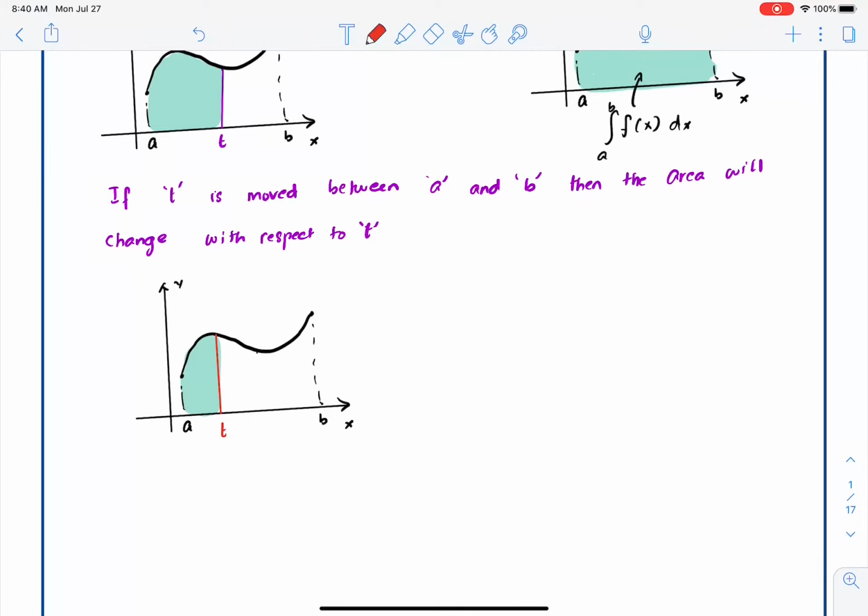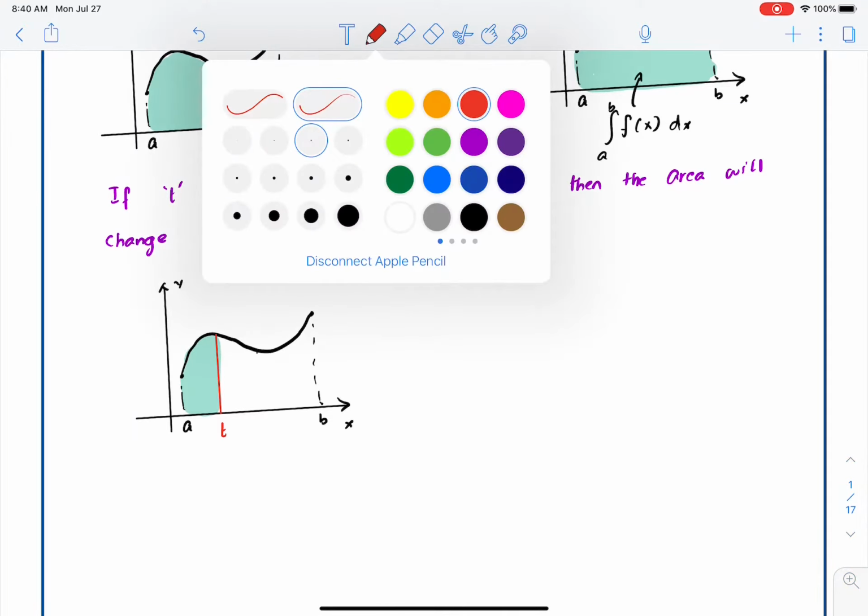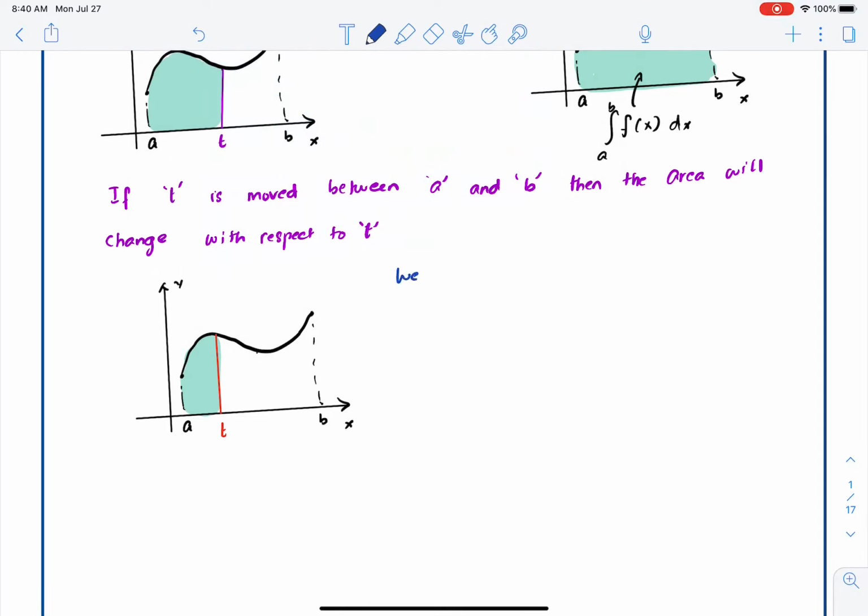So we know that the integral is a real number.